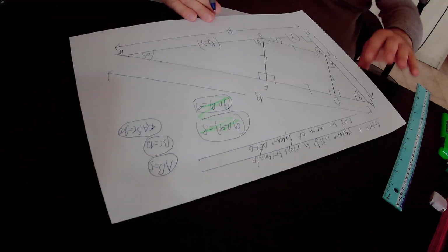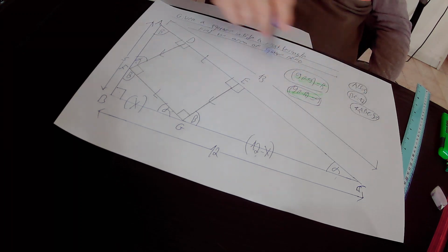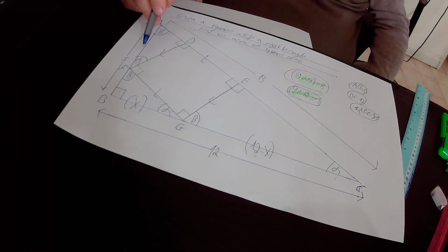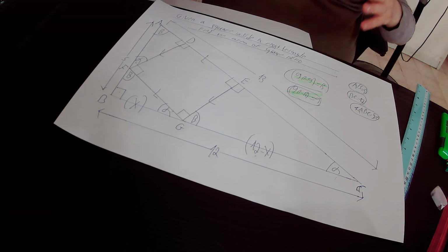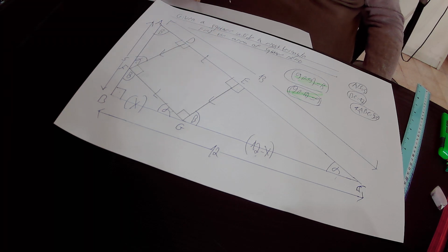I repeat again. The big triangle ABC is similar to the small right triangle FBG. From the fact that the big triangle ABC is similar to the small triangle FBG, we derive that the following relationship exists between their sides.